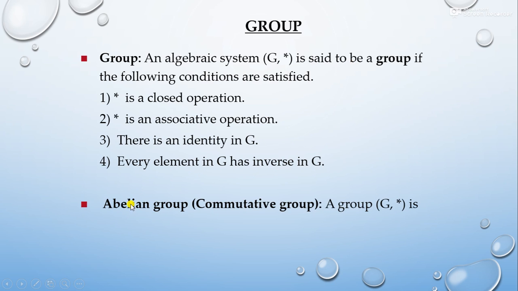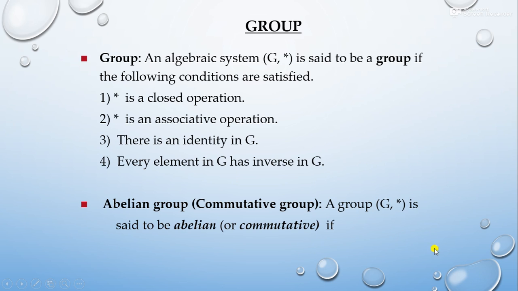Now the next one is the abelian group, or you can say the commutative group. So what is the abelian group? If we have a group, meaning an algebraic system that holds all these four properties, and after that one more condition is satisfied, then it will be an abelian group. What is that?